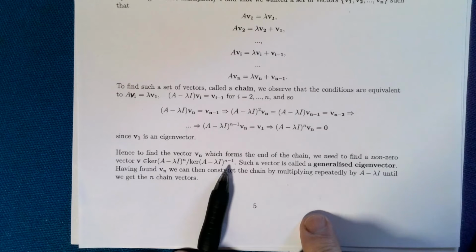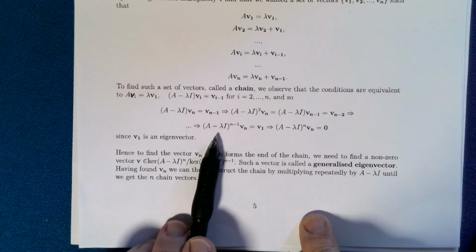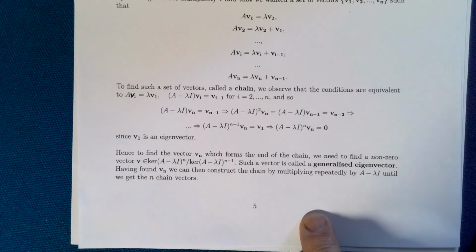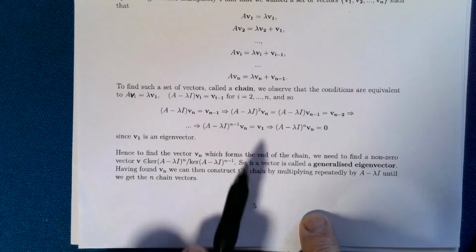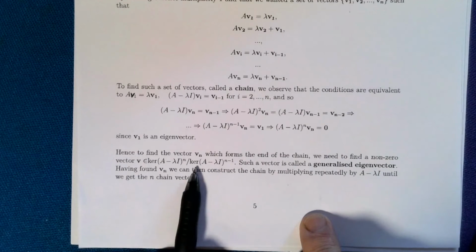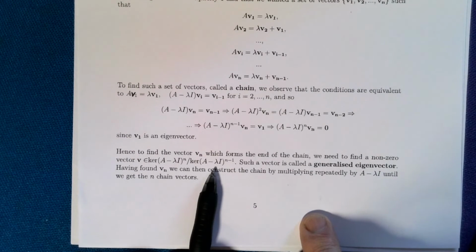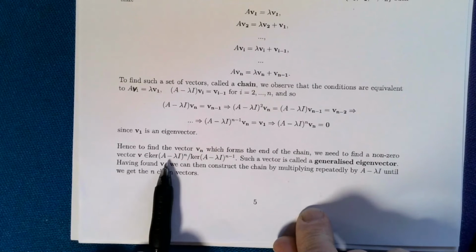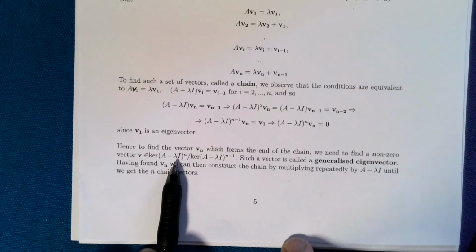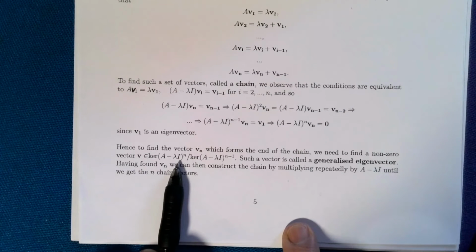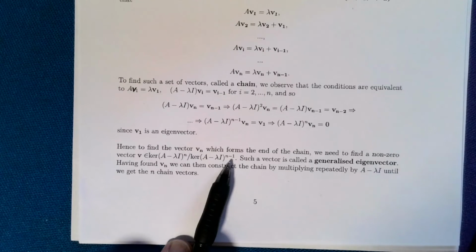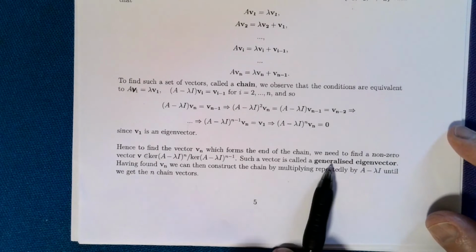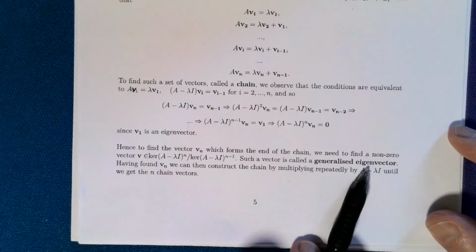You could get a vector that's in the kernel of this one, but it's not the Vn that you want. So we take a vector V in the final kernel of (A minus lambda I) to the n, but not in the kernel of (A minus lambda I) to the n minus 1, and such a vector is called a generalised eigenvector.